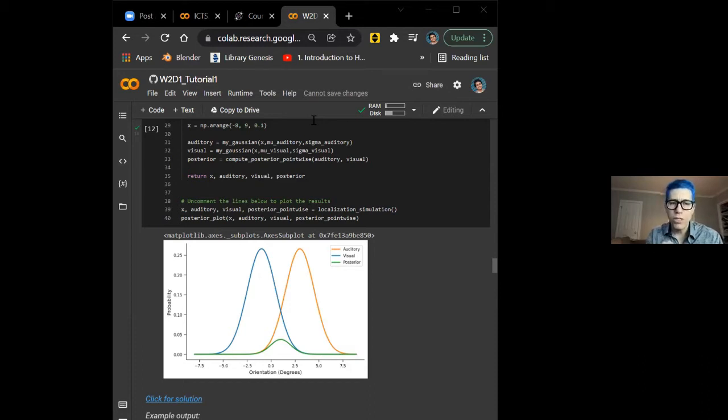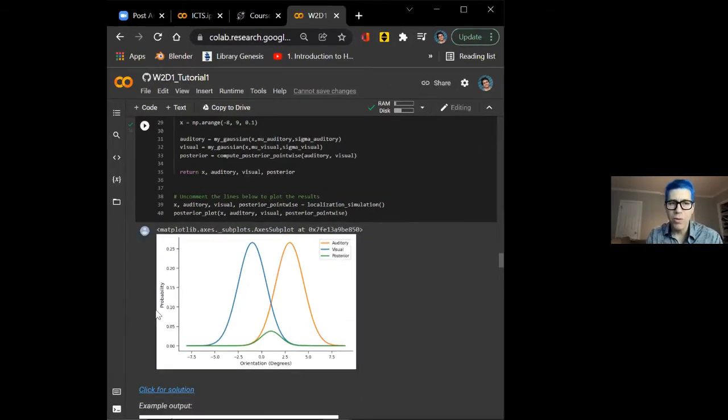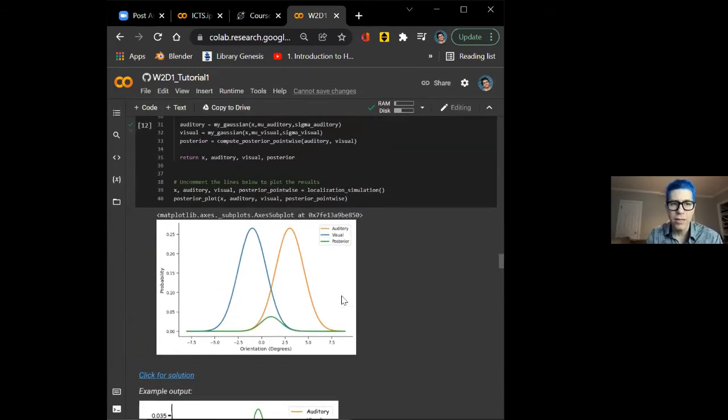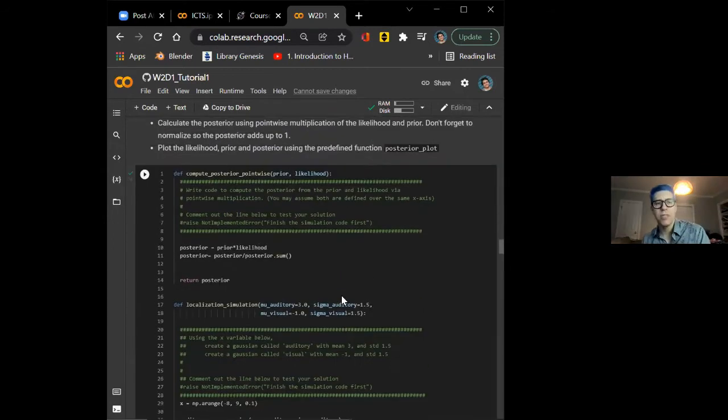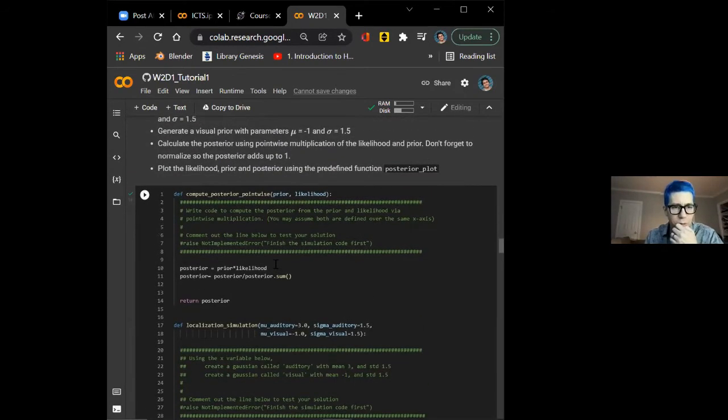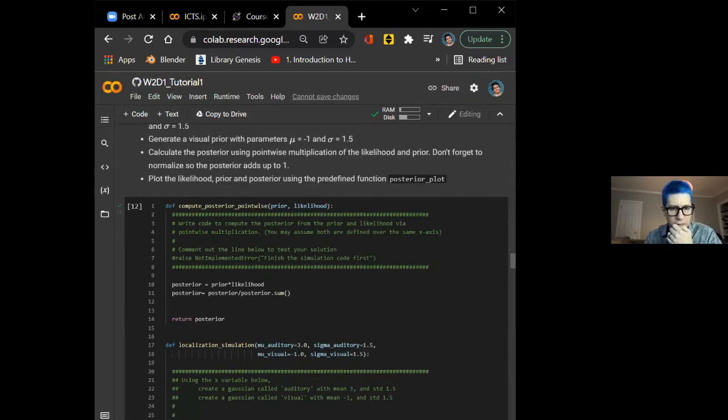But we don't just want to multiply them, we also want to normalize them. So after the line where it says posterior is compute posterior, but here you already compute posterior pointwise. Posterior is posterior divided by posterior dot sum. That looks correct.